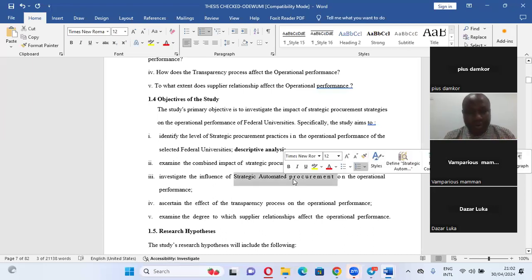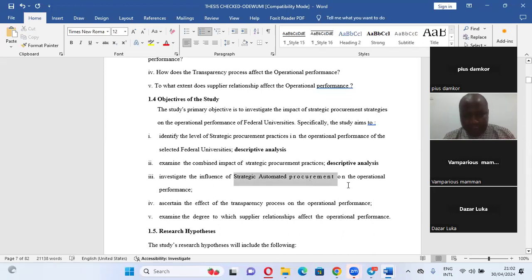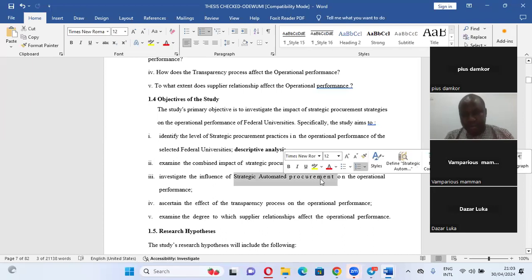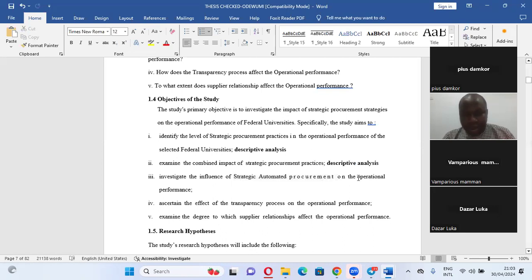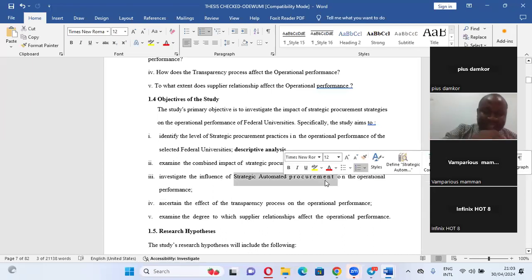Because they are looking at how this one influences operational performance, meaning that operational performance is the dependent variable and is depending on strategic automated procurement. All right. So our time is fast spent. So operational performance is the dependent variable. Strategic automated procurement is the independent variable. I hope I'm clear. That should not be an issue for us because it's straightforward.